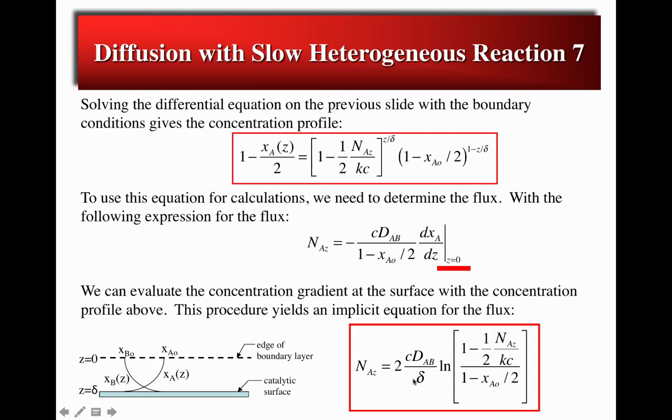K is the reaction rate constant, delta is the boundary layer thickness, XA0 is the bulk concentration of A, DAB is the diffusion coefficient. And now I want to look at a couple limits on this.